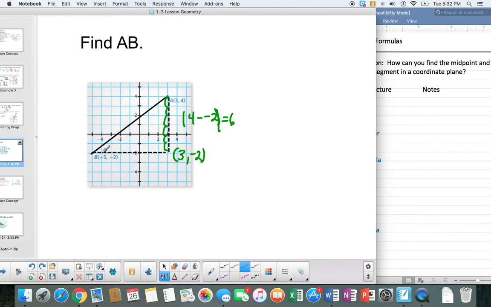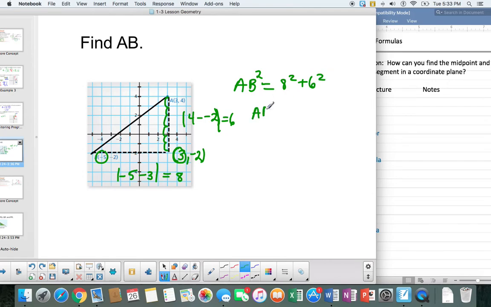Now we can take the x's and take the absolute value of their difference, and this answer will be equal to 8. Or you can just count all the units and see that it's 8. When this is done, we have a right triangle and we can find AB, which is the hypotenuse. AB squared is equal to 8 squared plus 6 squared.